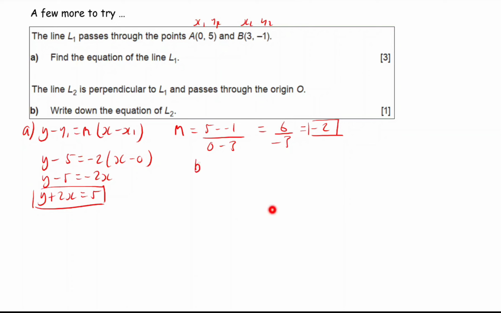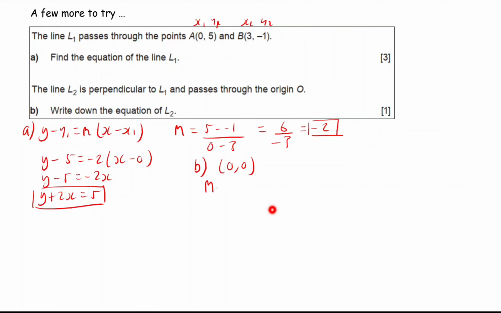Now, part B. The line L2 is perpendicular to L1 and passes through the origin. So remember, the origin of the coordinates is 0, 0. L2 is perpendicular to L1.